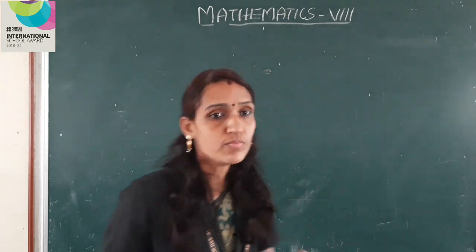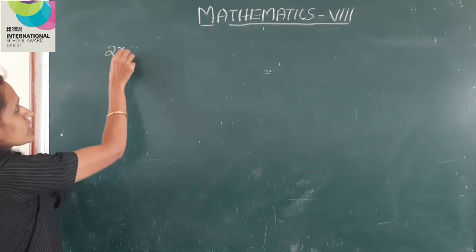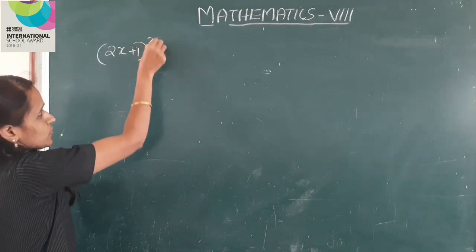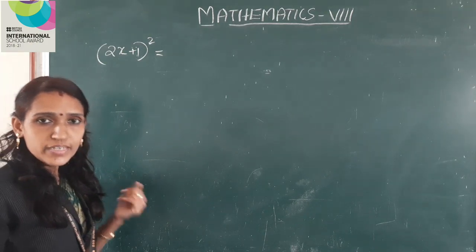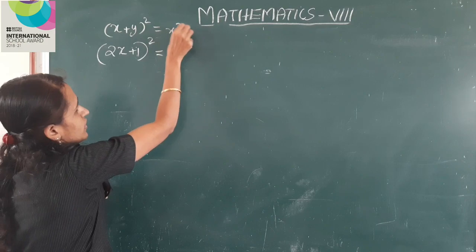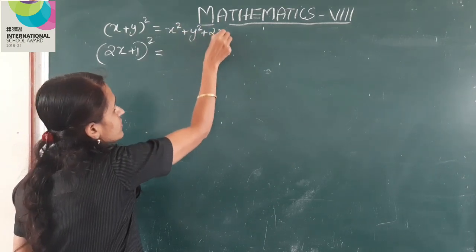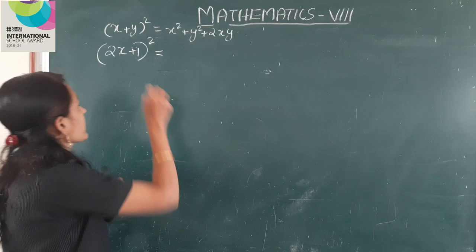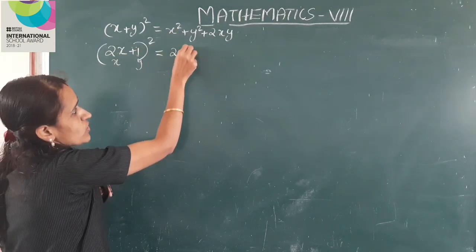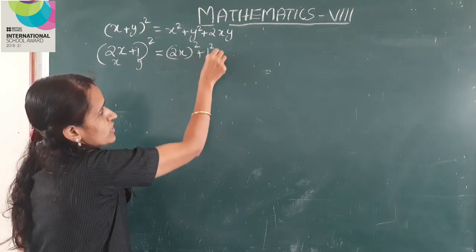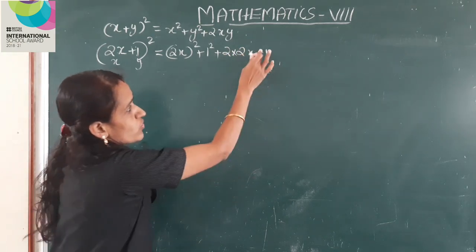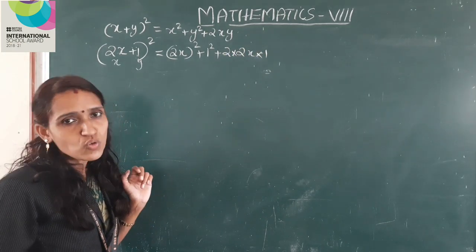An odd number is of the form 2x plus 1, right? Its square is 2x plus 1 whole square. Using the identity x plus y whole square is equal to x square plus y square plus 2xy, here x is 2x and y is 1. So 2x whole square plus 1 square plus 2 into 2x into 1.